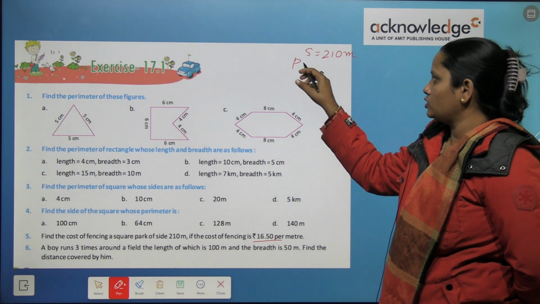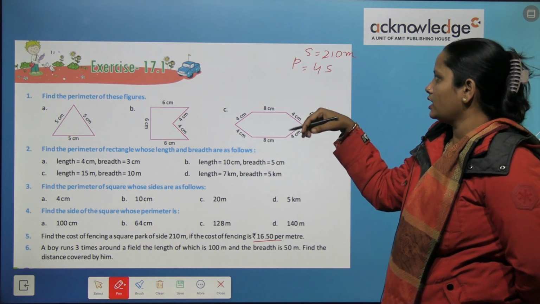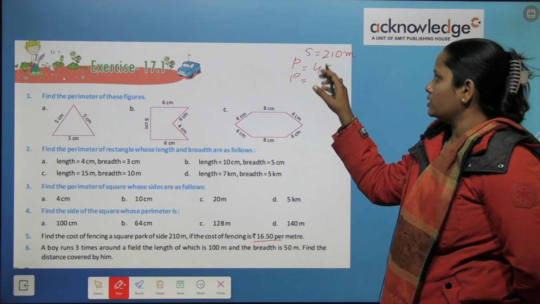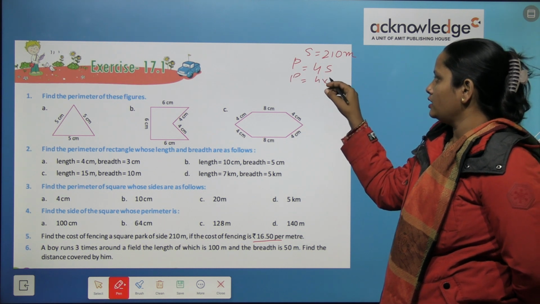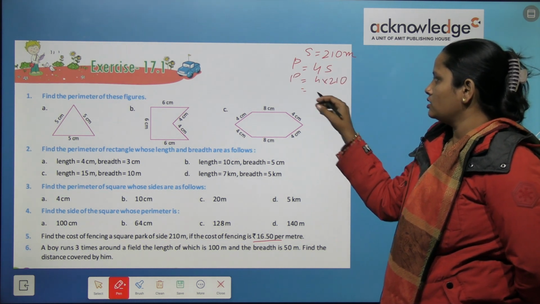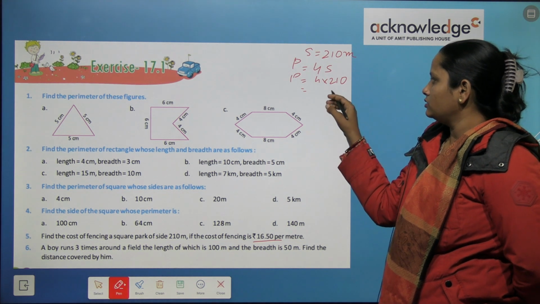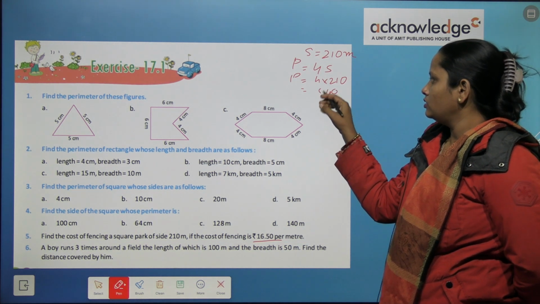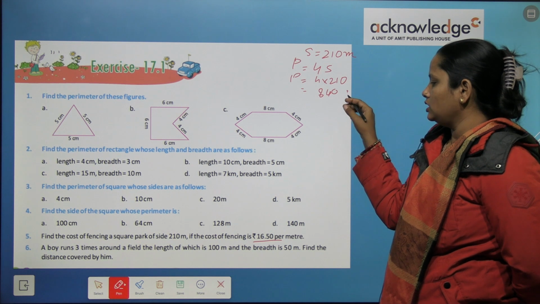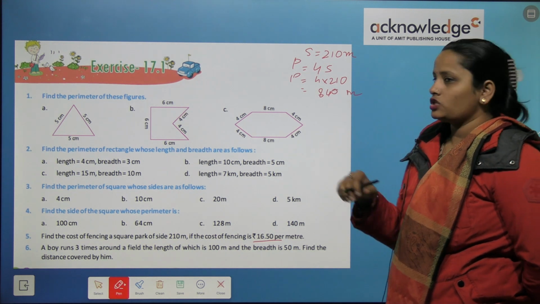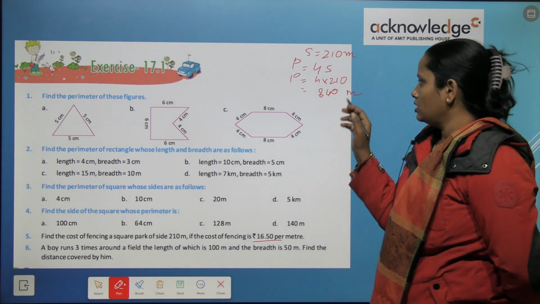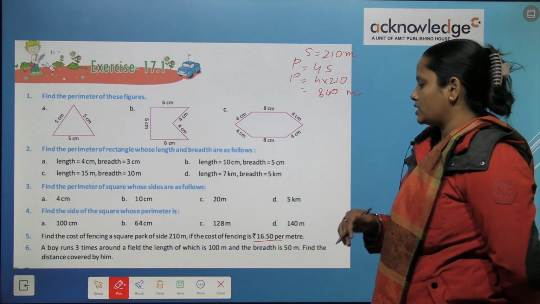Let's find the perimeter. The perimeter is 4 into side. Now perimeter is equal to 4 multiply 210. So here the answer will be 840 मीटर. सो ये जो चारों साइड्स हैं पार्क के उसका हमें लेंथ पता चल गया.